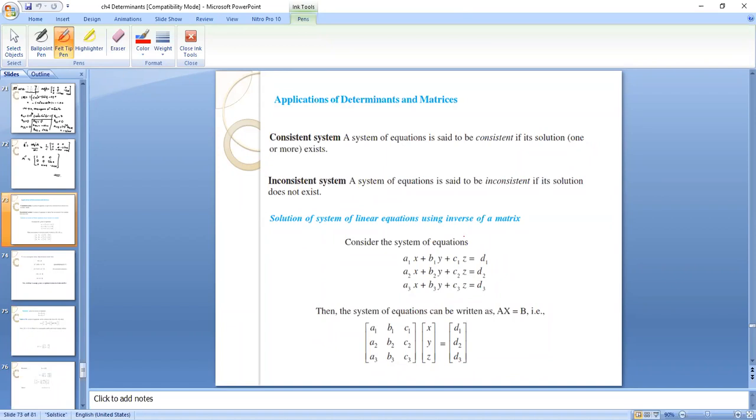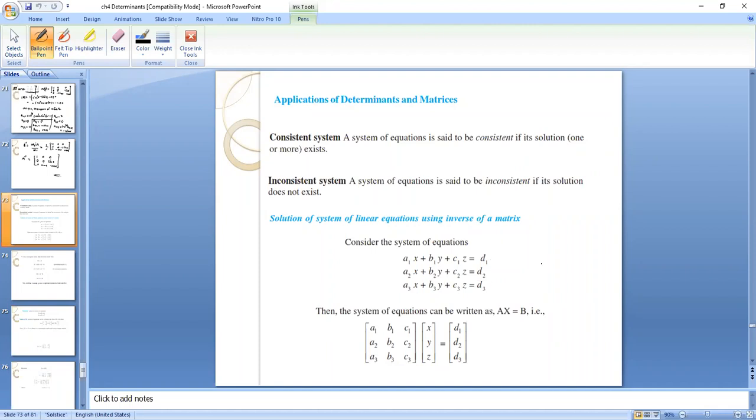Now we have two types of system. One is consistent system, the other is inconsistent system. Suppose you are given a set of equations a1x plus b1y plus c1z is equal to d1, a2x plus b2y plus c2z is equal to d2, a3x plus b3y plus c3z is equal to d3.